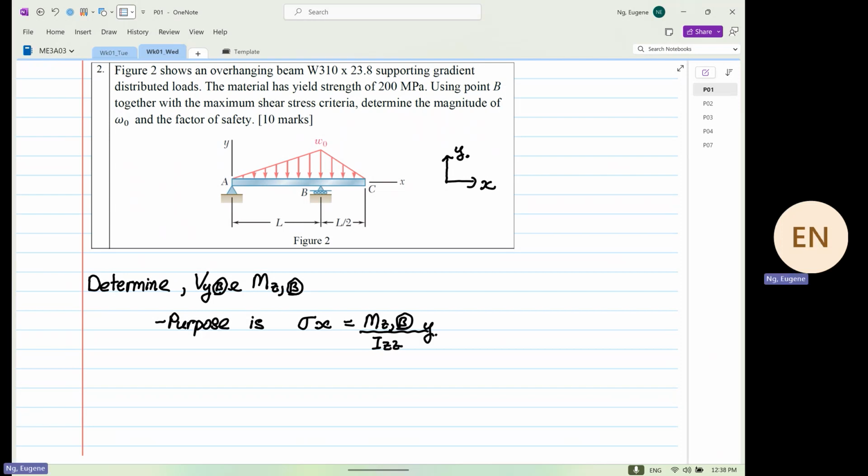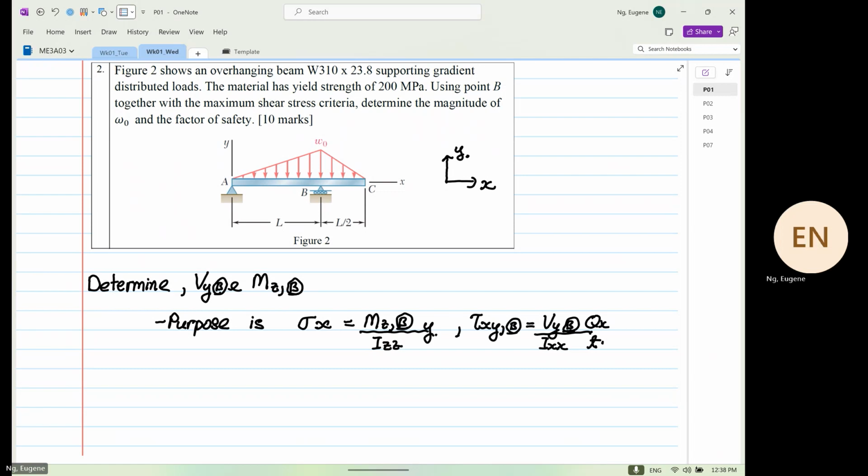The next formula that we're going to apply, by looking at the shear, is to determine the shear stress XY at point B, which will be equal to Vy at point B over Ixx, Qx divided by t.